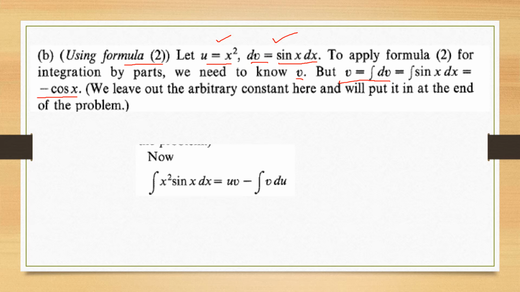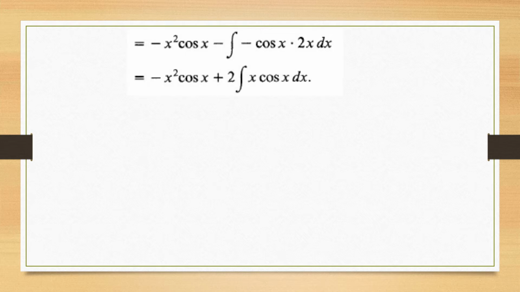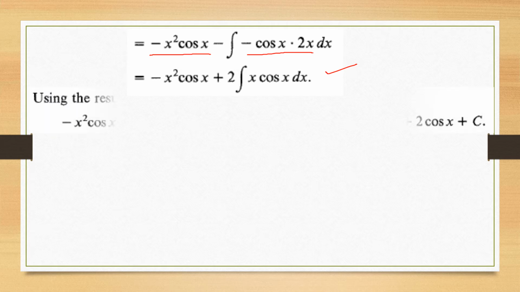Now the integral of x squared sin x is equal to uv minus integral of v du, which is equal to minus x squared cos x minus integral of minus cos x times 2x, and simplifying we obtain this relation.